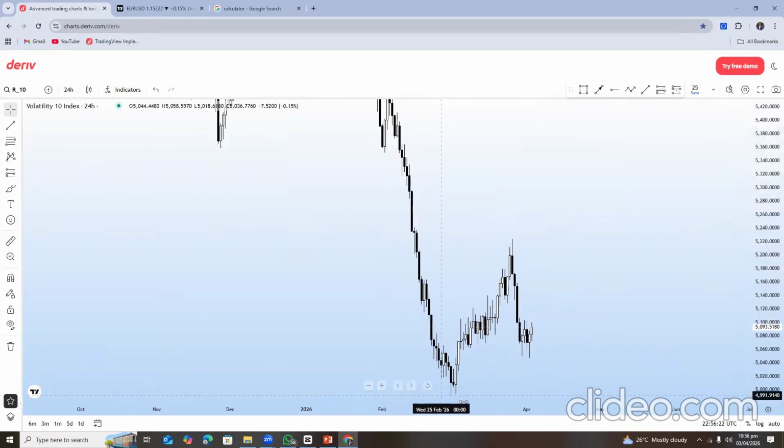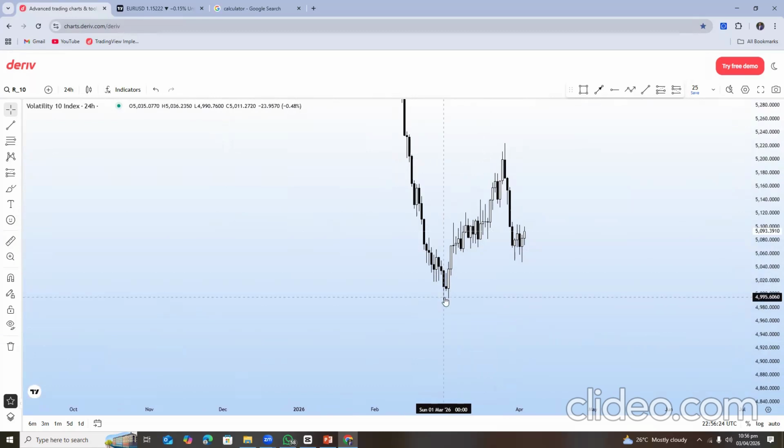However, the market failed to create another low, and then it went on to change character at this point. Then it went on to create a new high, telling us that the market has switched direction. So from here, we should expect it to buy more.